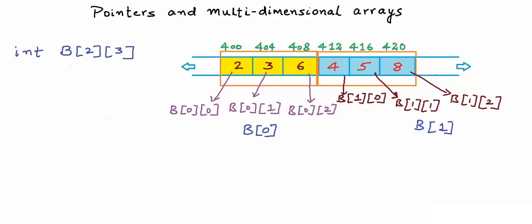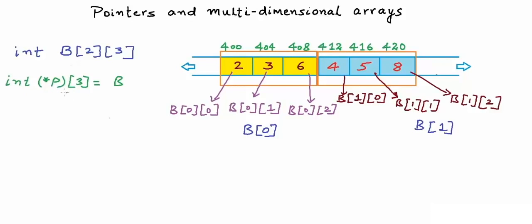As we had seen in our previous lesson, when we just use the array name, then it returns us a pointer to the first element of the array. Here B is a two-dimensional array. It is an array of one-dimensional arrays of size 3. So B will basically return us a pointer to a one-dimensional array of 3 integers.